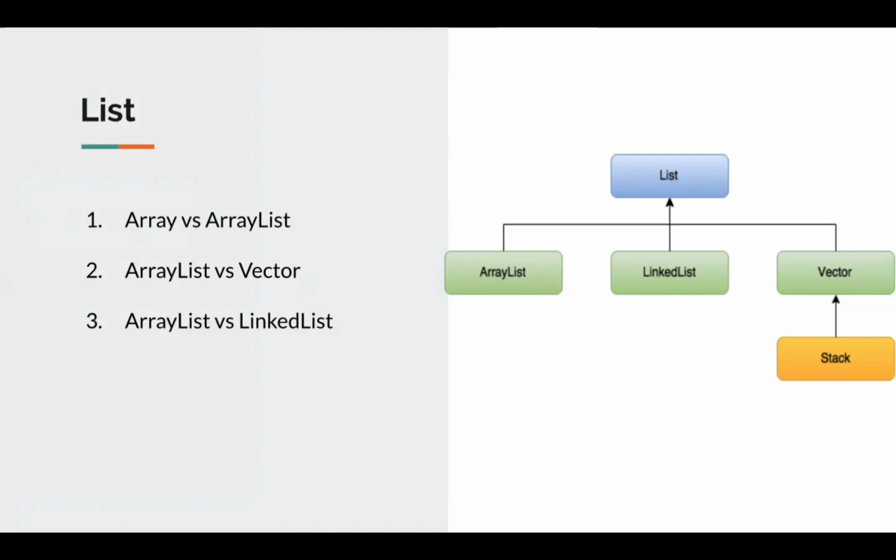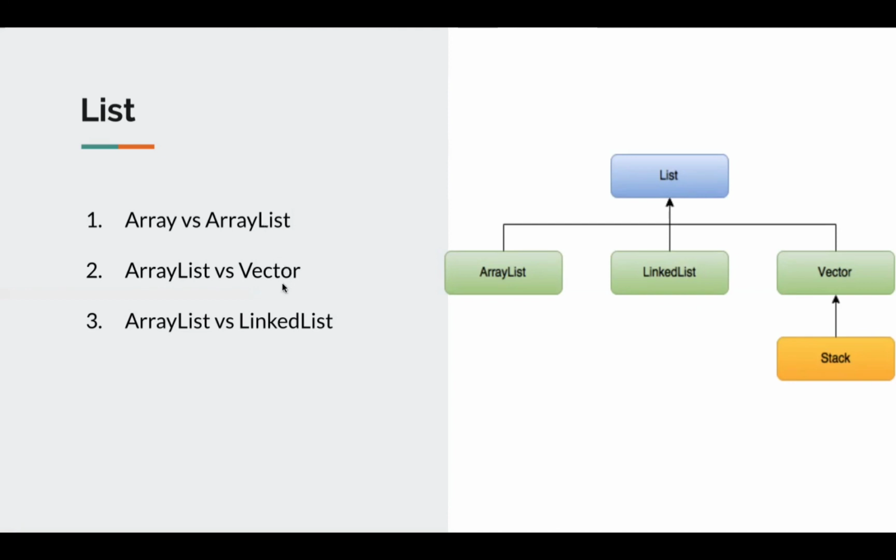So it can change its size whenever we want it to. And one very major and uncommon difference between these two is that array list can only store objects, whereas arrays can also store primitive data types that we have in Java. So array list cannot store the primitive data types. It can only store the objects.